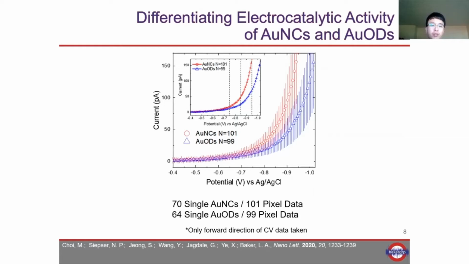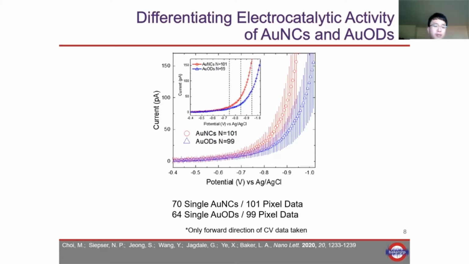The plots shown here are the average cyclic voltammogram of each with a standard deviation. The inset plot is without the standard deviation mark. So the red plot represents the electrocatalytic response of gold nanocubes, and the blue plot represents gold octahedron. So the current magnitude increases for both nanoparticles at about negative 0.6 volts.